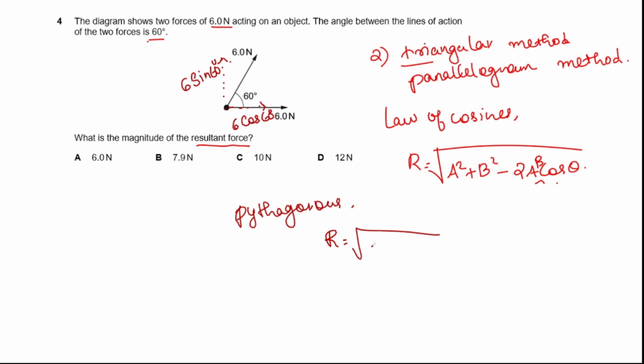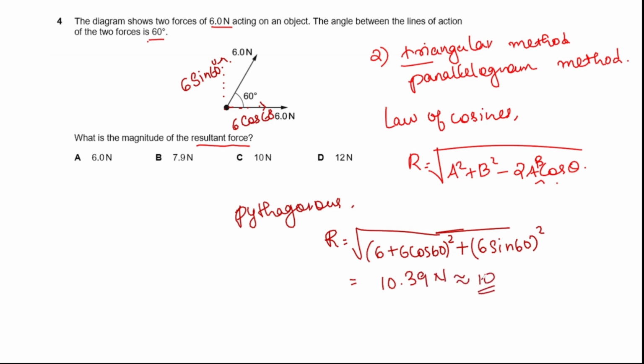So first one, if you're adding the horizontal one, so it's gonna be 6 plus 6 cos 60 whole square. Then you're adding the second leg, which is 6 sine 60 whole square. So by this also you can try. After the calculation, it's gonna be 10.39 Newton. So it's nearly equal to 10. So the option is C.